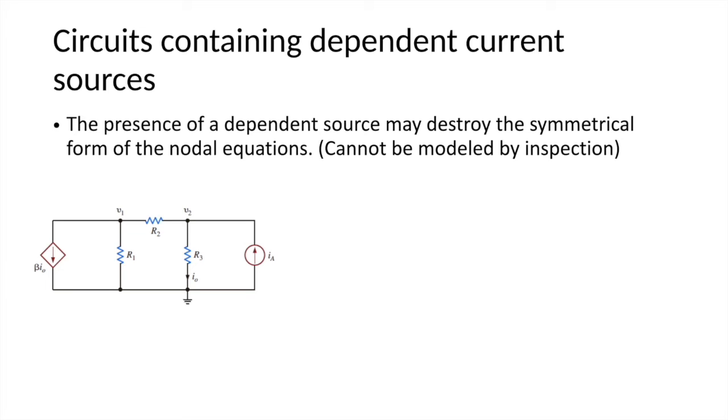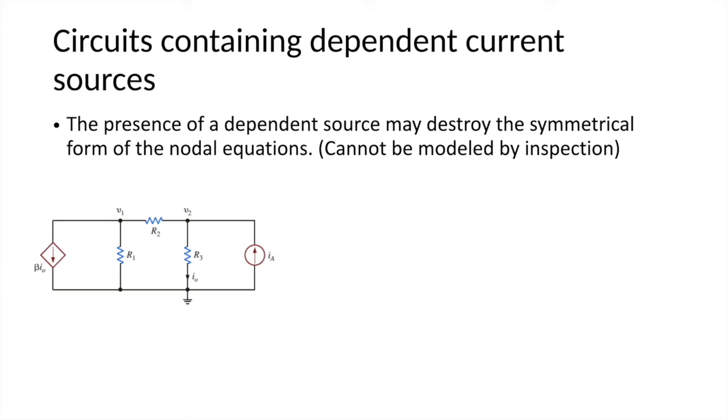What if the circuit contains dependent current sources? The previous matrix is symmetrical, and if the circuit contains dependent current sources, the matrix is no longer symmetrical, and it cannot be modeled by inspection.